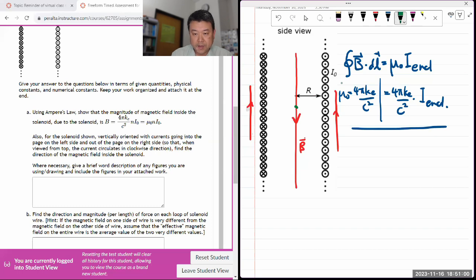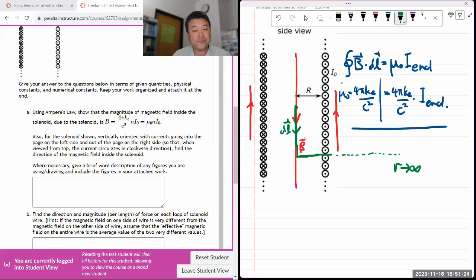The Amperian loop I'm considering will go along the magnetic field here, so that I can accumulate B dot dl along this segment, and then it's going to turn 90 degrees, so that along this segment I accumulate no B dot dl. It's perpendicular. And then after going through here, I'm going to go all the way out to infinity.